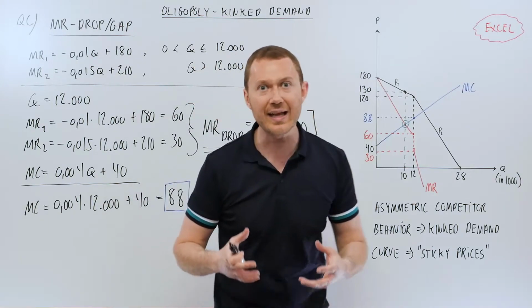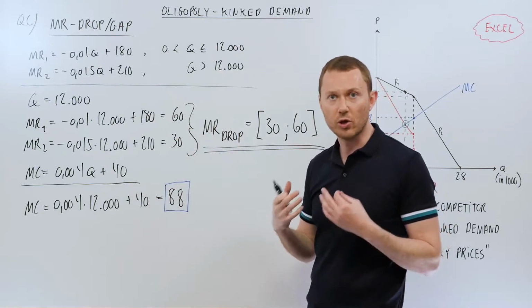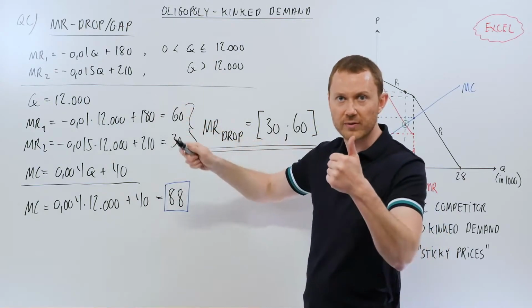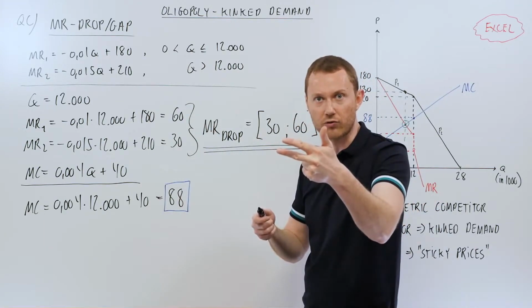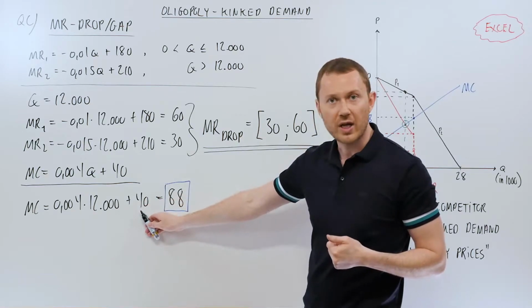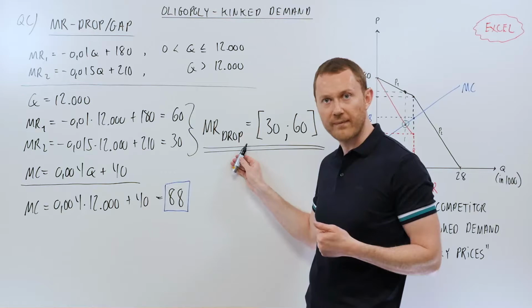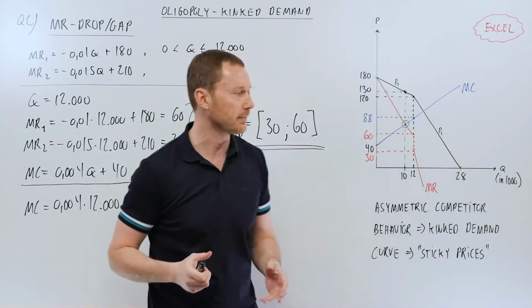It is actually that easy. You just have to have a good method of doing this at the exam. So first, calculate the P functions, then calculate the MR functions, then calculate MR drop, calculate MC at the drop, compare that to the drop value, and from that you can conclude where the solution is.